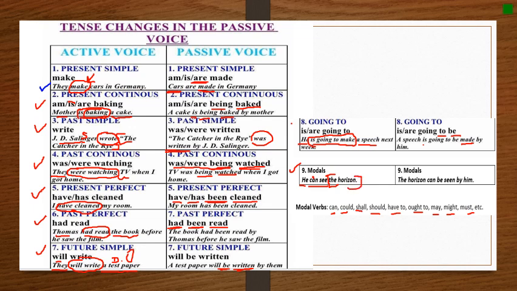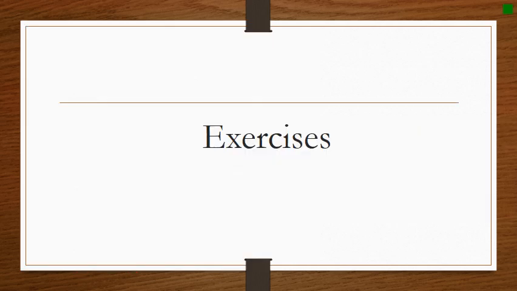See what? The horizon. The horizon can be seen by him. So you add the modal plus be plus the past participle. The moment you study this, it will be a piece of cake. But if you do not study it, you will always make mistakes in this.